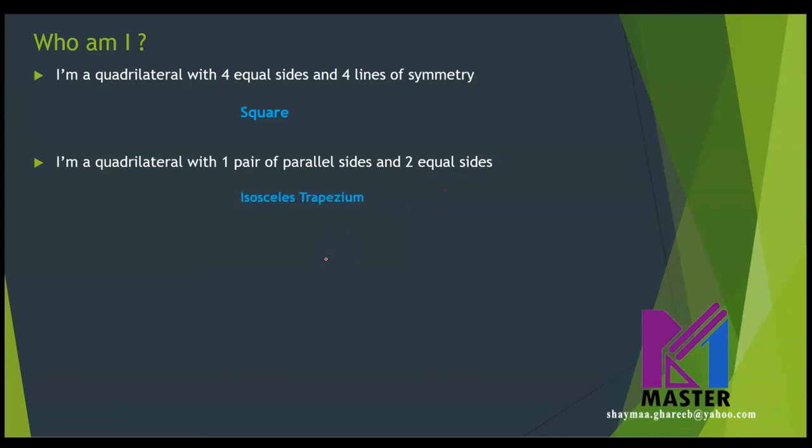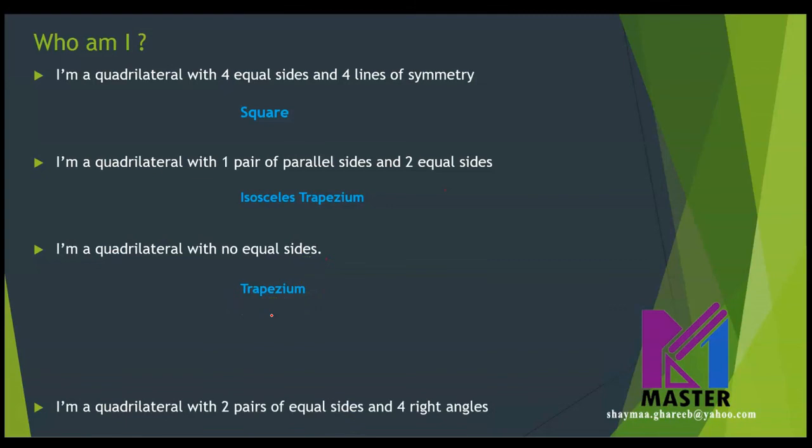Is this clear? Next, I am a quadrilateral with no equal sides. What do you think? A quadrilateral with no equal sides at all. Trapezium. Is this clear? So one of the trapeziums is called the isosceles trapezium because it has 2 equal sides, but if there are no equal sides, it will be just trapezium.